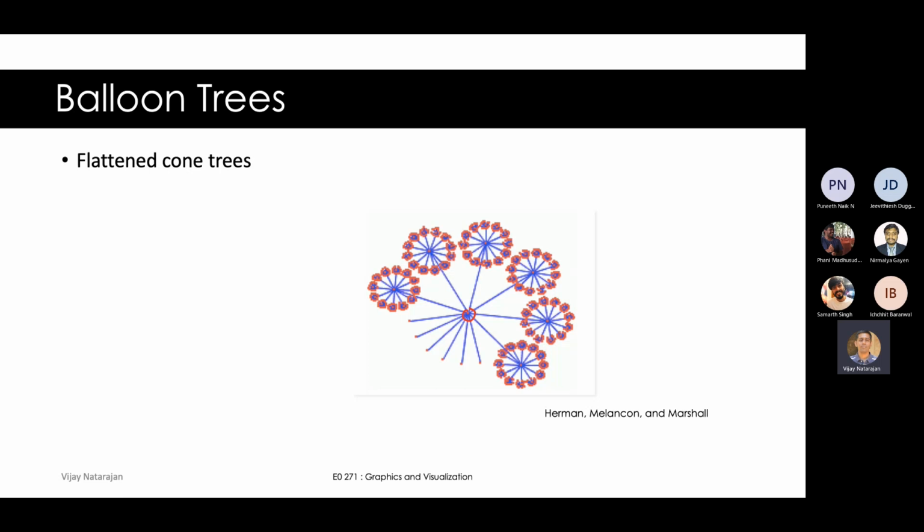The children of those children are positioned at a circle centered at the corresponding node, right? But they are located close to that child.